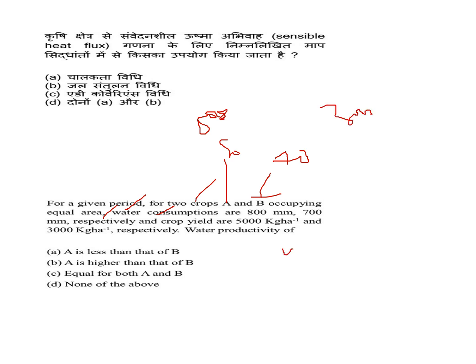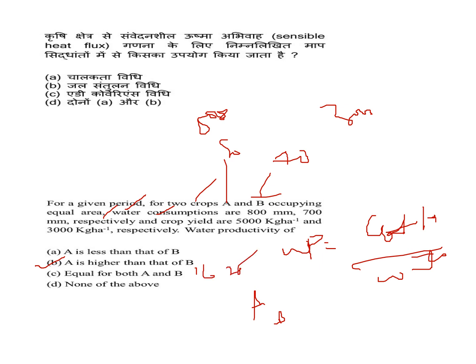The formula is crop yield in kg per hectare divided by water consumption. If you substitute the values, A is higher than B: A is around 6.25 and B is around 4.2. Always remember, water productivity is equal to crop yield divided by water consumption.